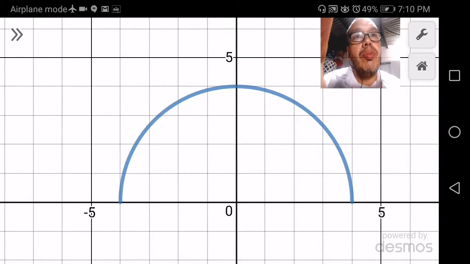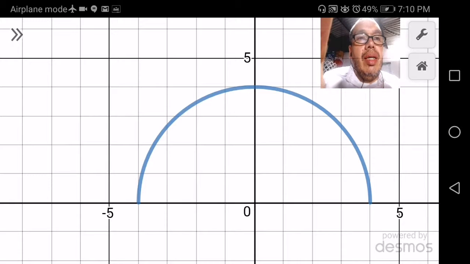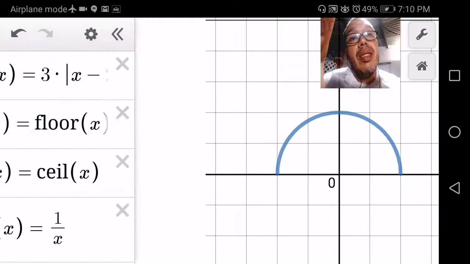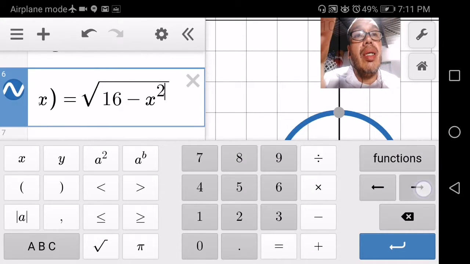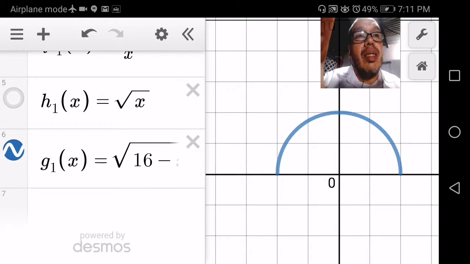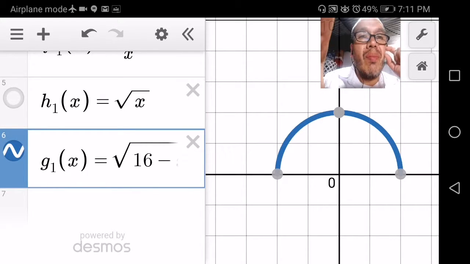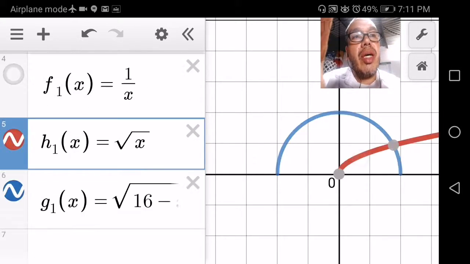And yes, not surprisingly, that looks like half a circle, because this little function over here, the square root of 16 minus x squared, what it tells you is that this function is part of a nice little circle with the equation x squared plus y squared equals 16, which is a circle of radius 4. So these are some functions that you might want to check out.